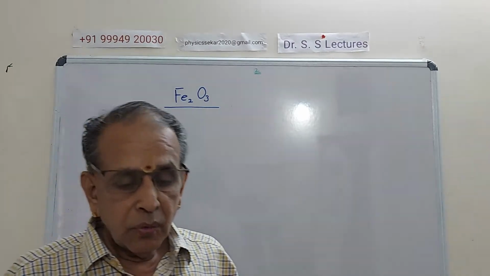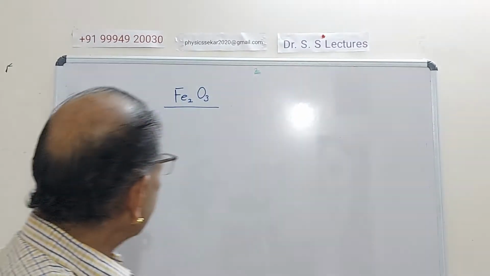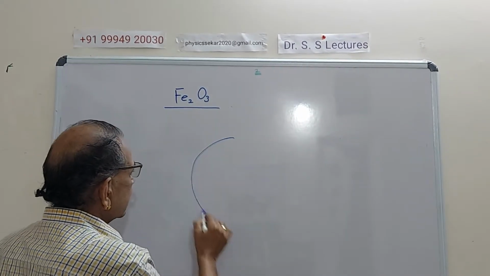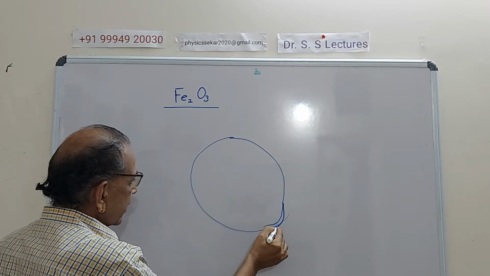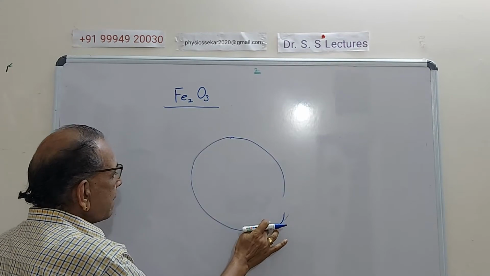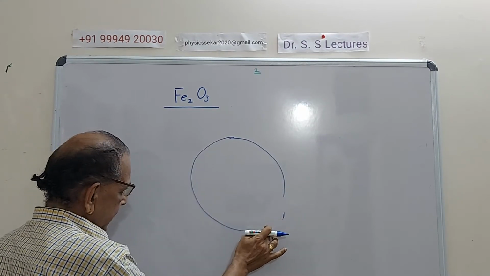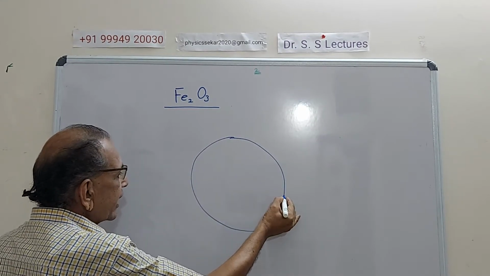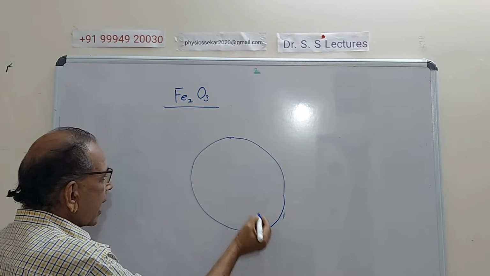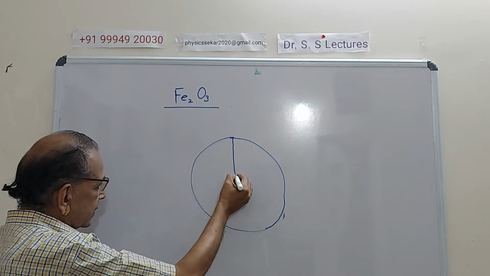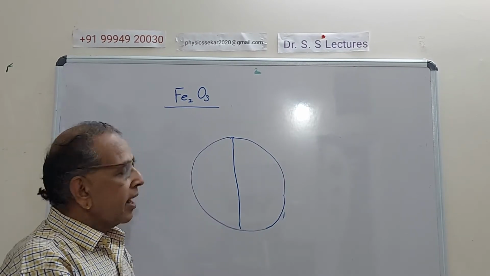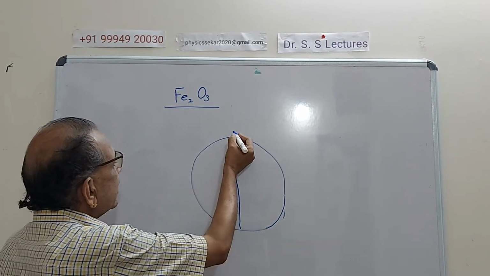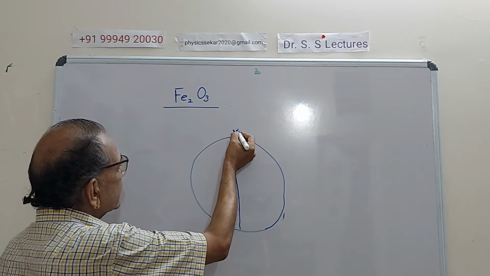For that, we have to understand that the earth itself is a sphere. We find that it is rotating about its own axis. This axis we call the geometrical axis. Here we always call that the north.